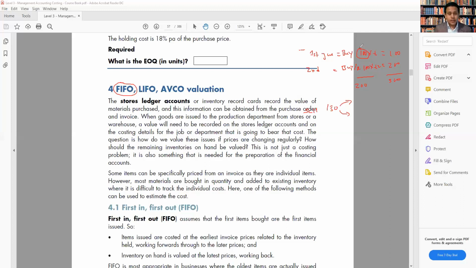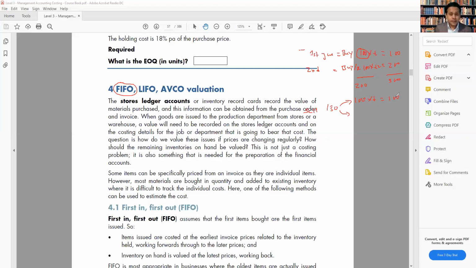I purchased 100 units on 1st of January, so I'll make sure all 100 is gone. Then I'll move to 2nd of January, another 100 units. So out of 150, the first 100 I'll take from 1st of January, and the cost was £1, so it is 100. So the first lot is finished now.